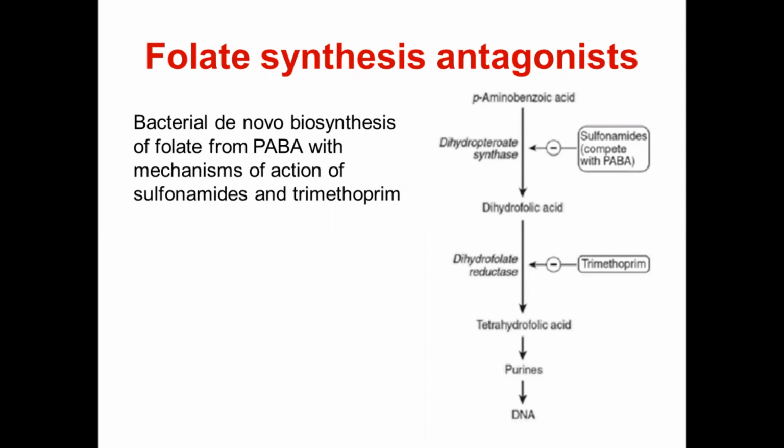So what? Pakitandaan nito mga enzyme na to. We have dihydropteroate synthase and then dihydrofolate reductase. So dihydropteroate synthase is inhibited by sulfonamides, while dihydrofolate reductase is inhibited by trimethoprim.